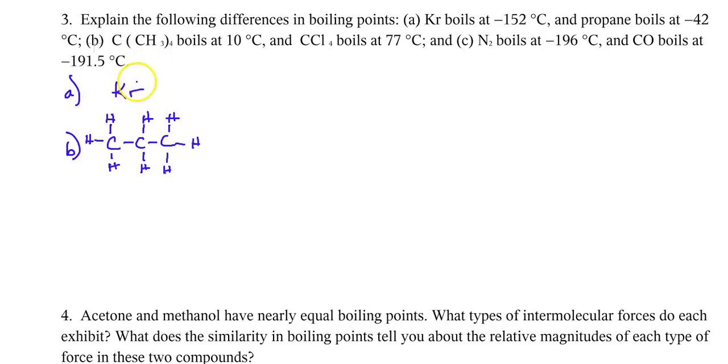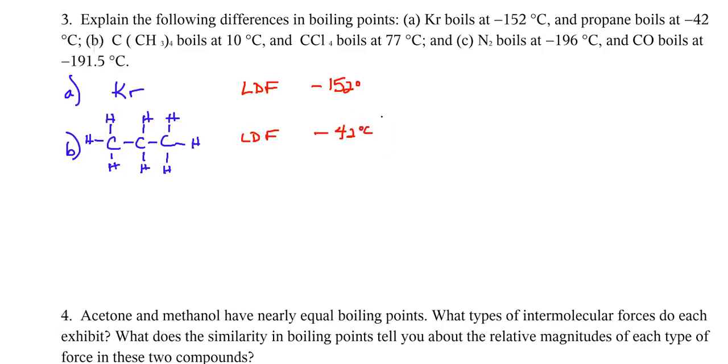In any case, what do I know? Well, they both have LDFs. Why? Because they both have clouds of electrons. Everything's got LDFs. But now why does krypton boil at negative 152, and why does propane boil at negative 42?